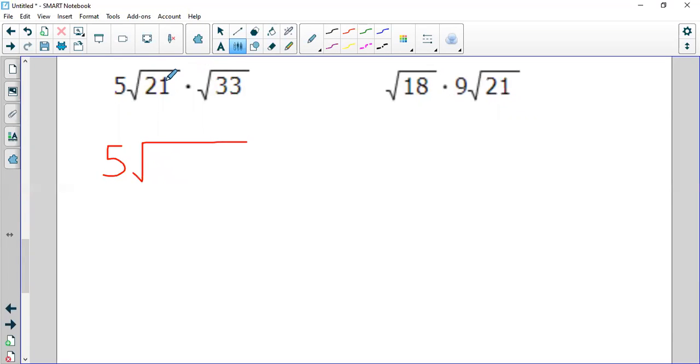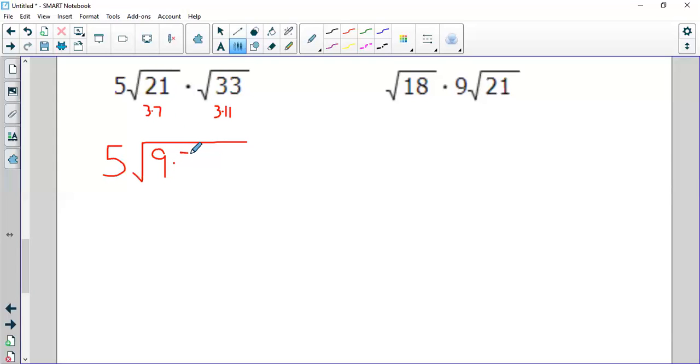You probably don't want to try to find factors of 693 that are perfect squares. But if I take a look at this 21 and just break this down to 3 times 7, and take this 33 and make it 3 times 11, and then when I multiply these together and put them inside this radical, I have 2 3's. Well, my 3 squared makes a 9.